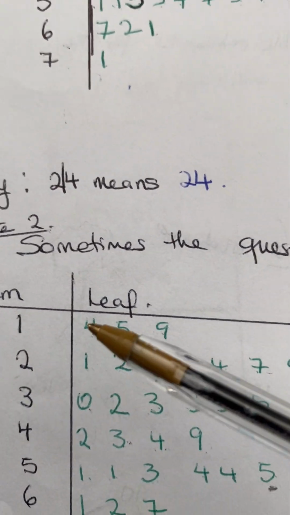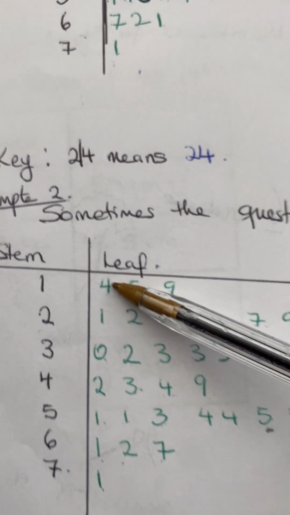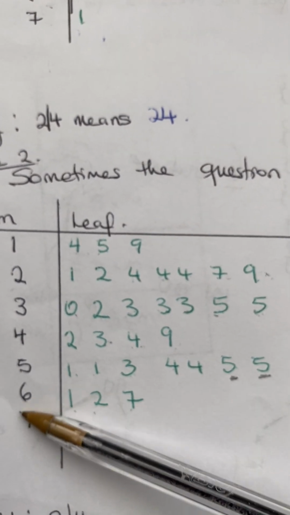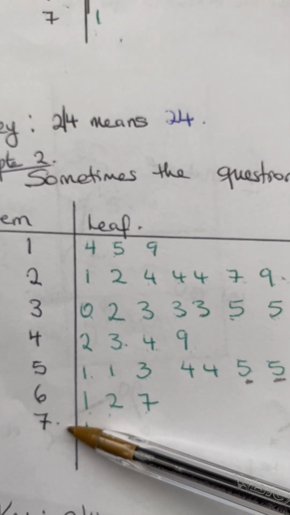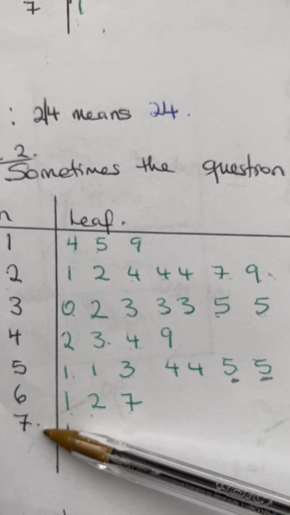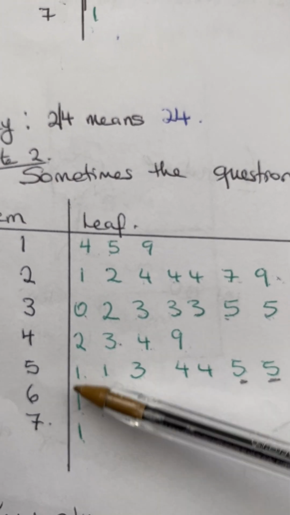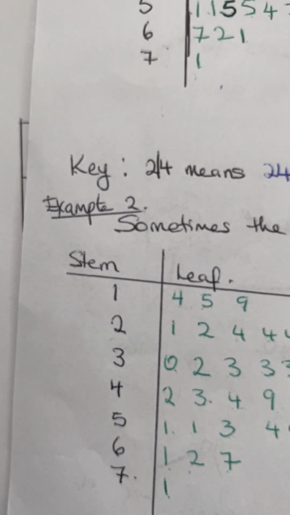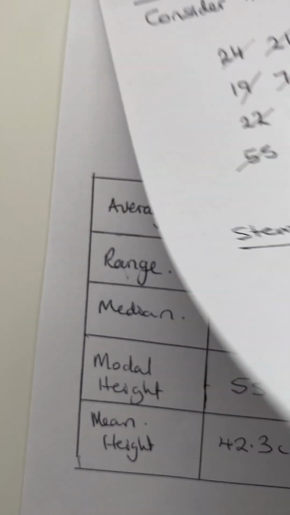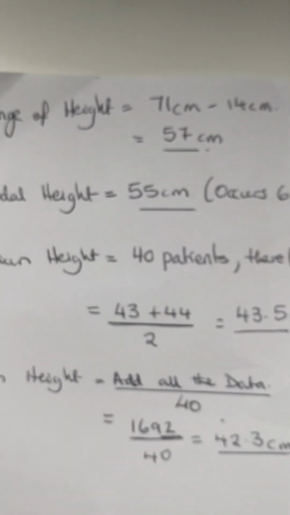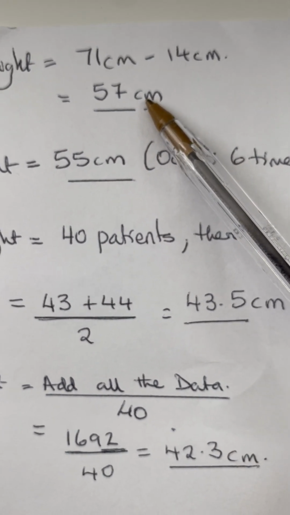So now the range, you can see straight away, is the lowest is 14 and the highest is 71. If you subtract 14 from 71, you are going to get 57.